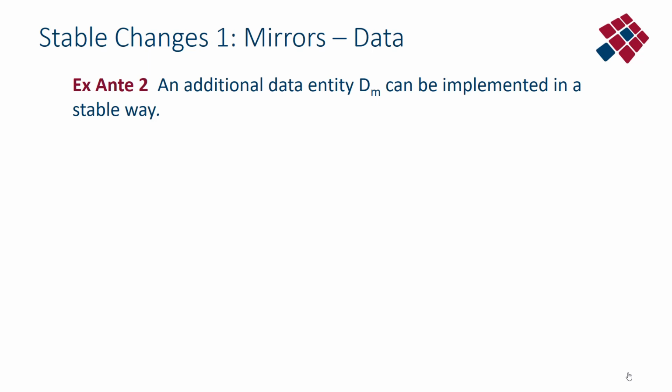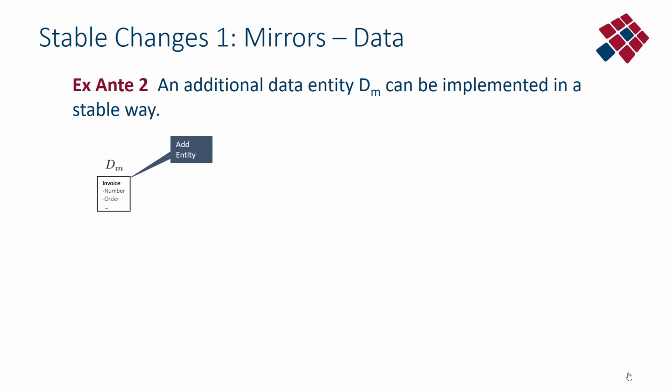Another change you can perform, which we guarantee to be stable without dynamic instabilities in a normalized system, is that you can implement an additional data entity in a stable way. Now, suppose you say, look, I need a new data entity in the model. Suppose there wasn't yet an invoice.